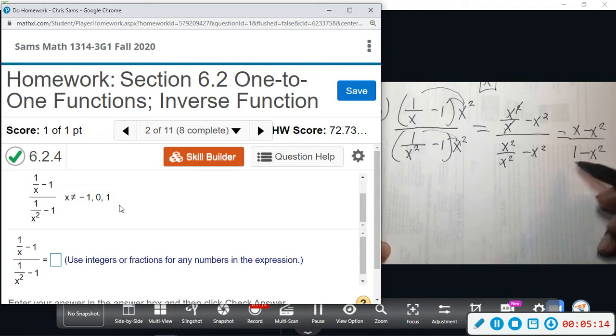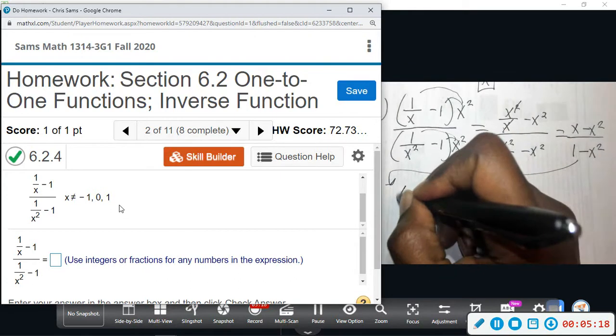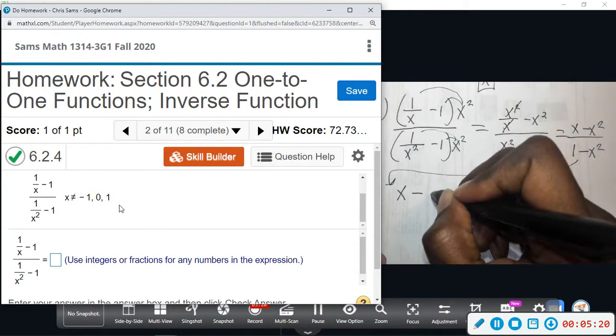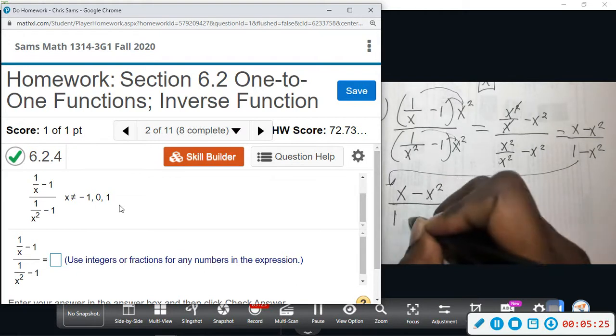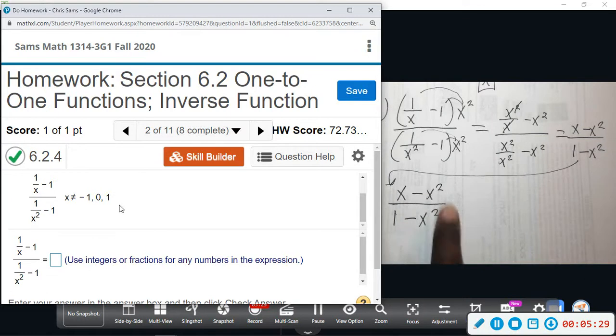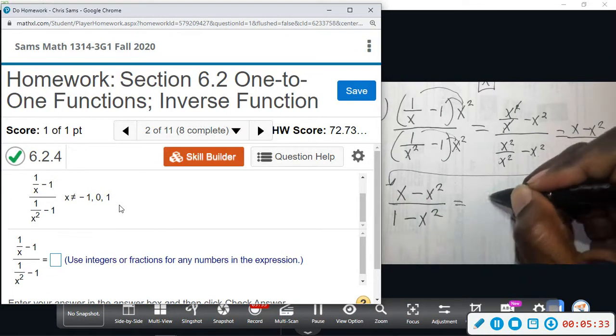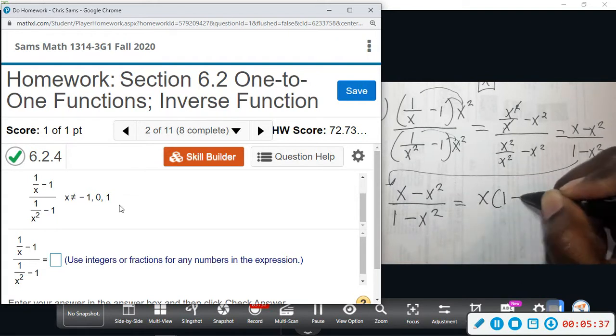Now I'm going to wrap around because I'm running out of room, so I'm going to rewrite what I have: x minus x squared over 1 minus x squared. We're going to factor. Both terms on top we can pull out an x. That leaves me with 1 minus x.